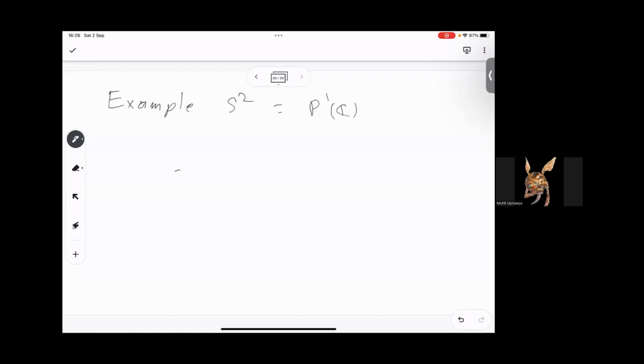S2 is the suspension of S1. So we have K tilde of S2 is the homotopy classes of maps from S1 to GL_n(C), in the direct limit.